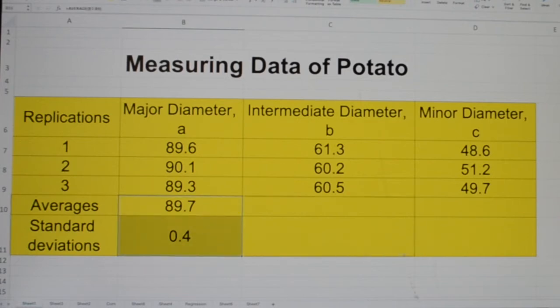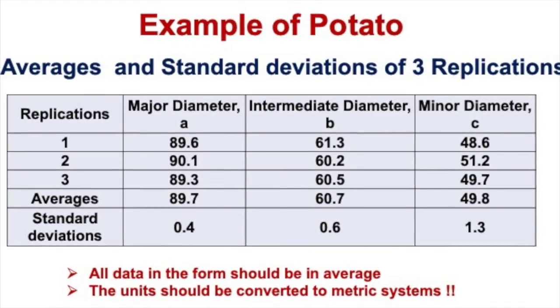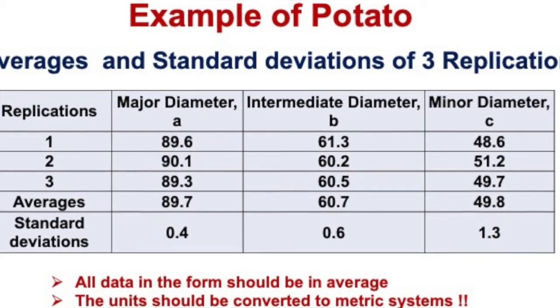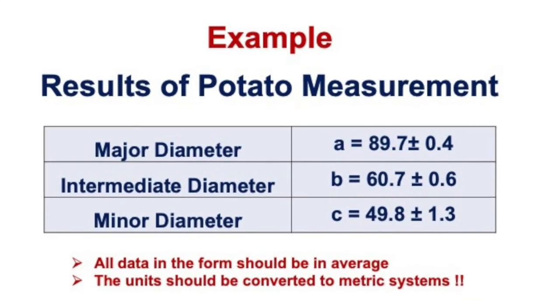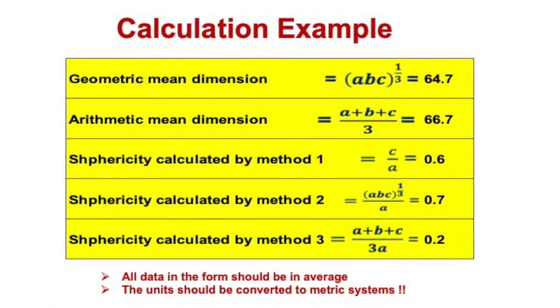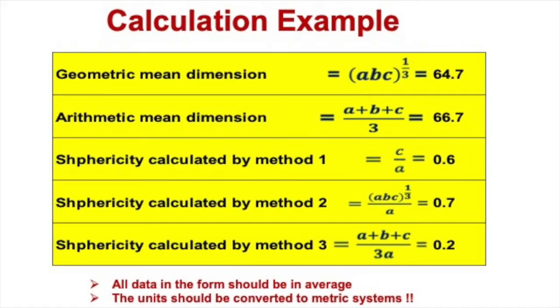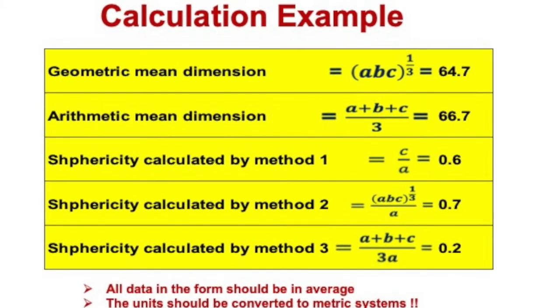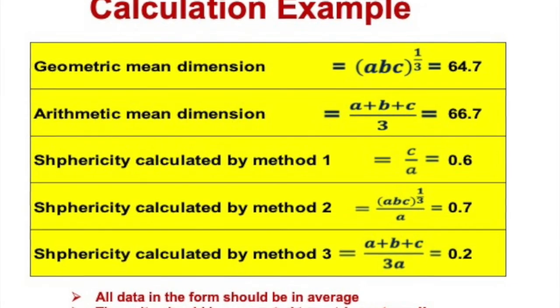In case millimeter is used in this lab, the results of potato measuring can be summarized in a table, or just simply show the average and standard deviation in the table. The average of 3 diameters are used to calculate geometric mean dimension, arithmetic mean dimension, and sphericity of the potato.